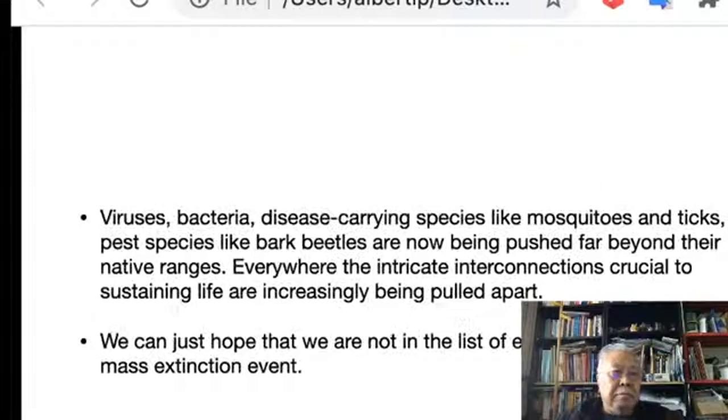At the same time, we have viruses, bacteria, and disease-carrying species going rampant. This year, 2020, is a typical example. Hopefully it's not typical; it's an extraordinary example. We had the coronavirus at the beginning. At that time China experienced drought, but in the last month or two, China is now flooding.